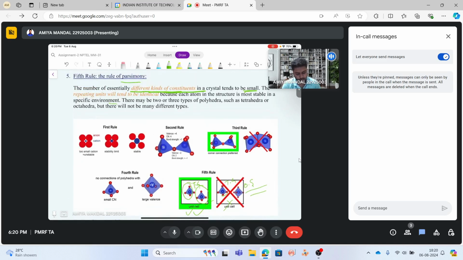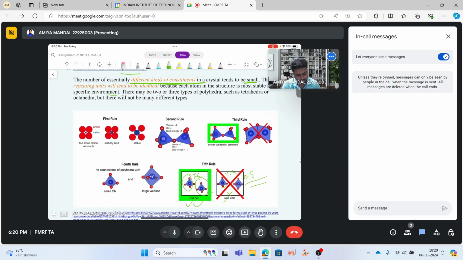Okay, so the first law is telling about the position of cation and anion and their atomic radius size and ratio. The second law is telling about the bond strength and their valency. The third rule is telling about the corner sharing.